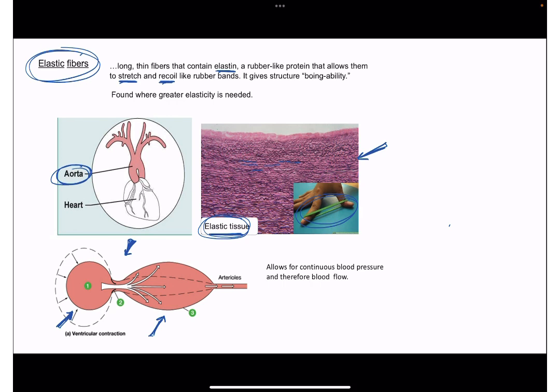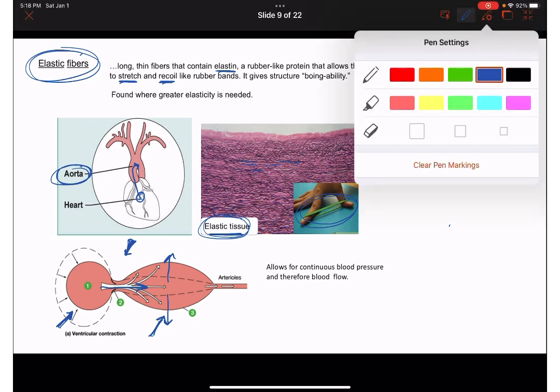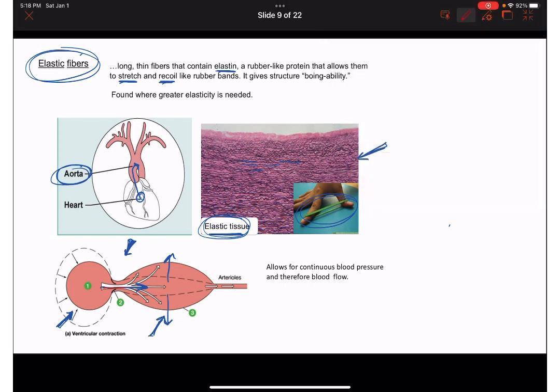When the ventricles contract, they're going to shoot a large amount of blood out into the aorta. And the elastic fibers that make up the aorta are going to allow the aorta to expand and to absorb that pressure. So you have this huge influx of blood into the aorta during ventricular contraction, and that elastic tissue allows the aorta to expand.